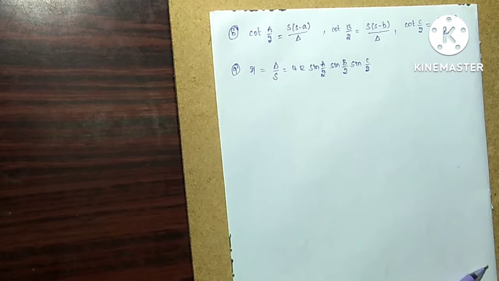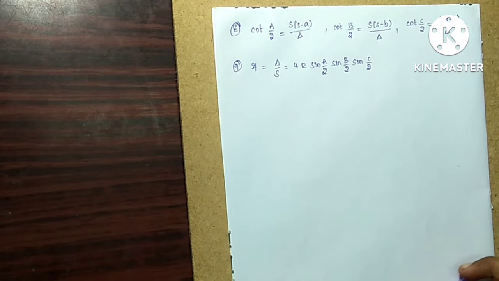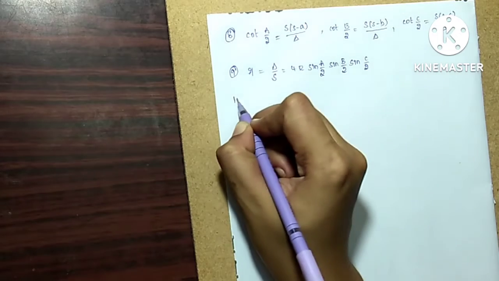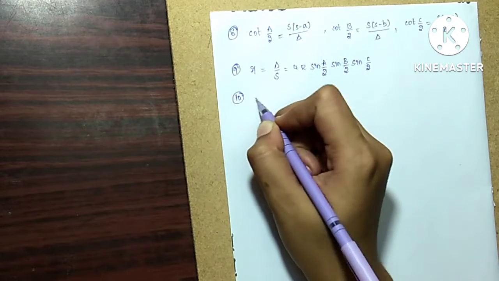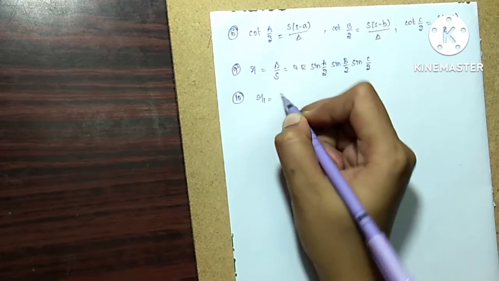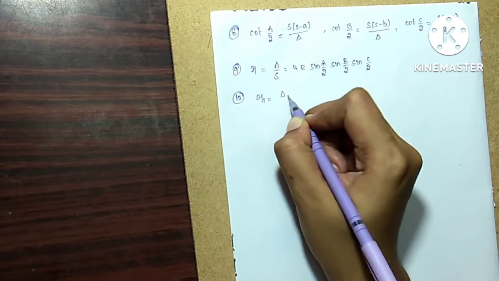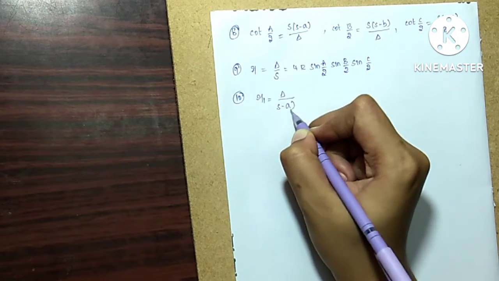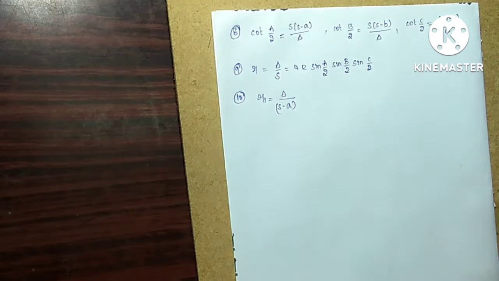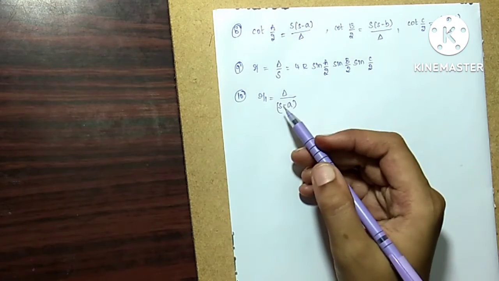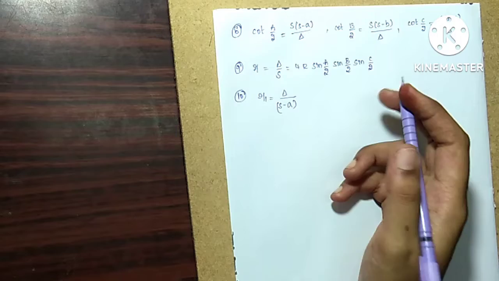Okay, we will continue with the next formula, that is the 10th formula, which is also quite simple. So r1 is equal to delta by s minus a. It's quite easy. We will see the next 3 formulas, then you will pick up the answer.